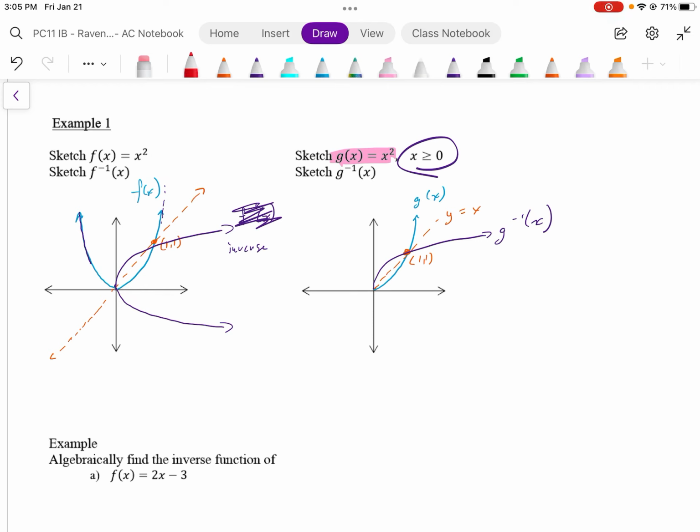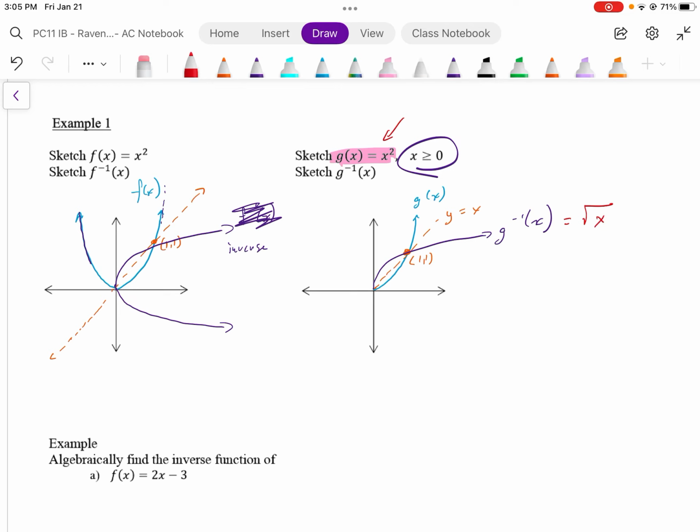Now, here's a good time to start saying, well, if g of x is x squared, that is, you're just squaring your input, well, what is the inverse or the undoing of squaring your input? I hear you. Some of you guys are yelling at home. Yes, it's the square root of x.